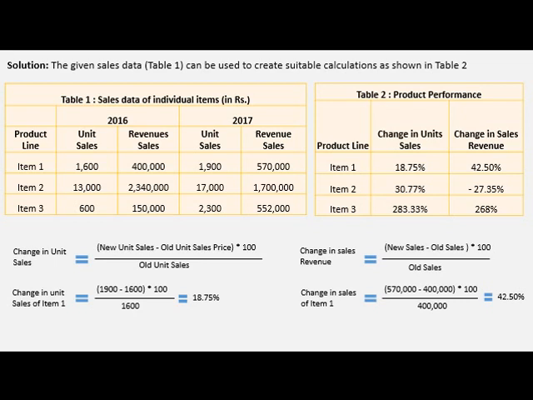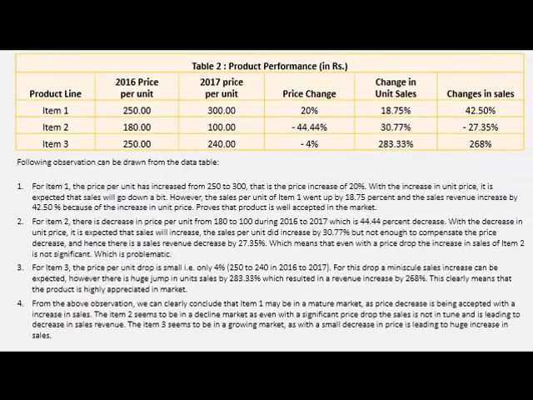Similarly for item 2, we get negative 27.35%. And for item 3, we get 268%. Finally, after performing all the necessary calculations, we try to analyze the Table 2 data.